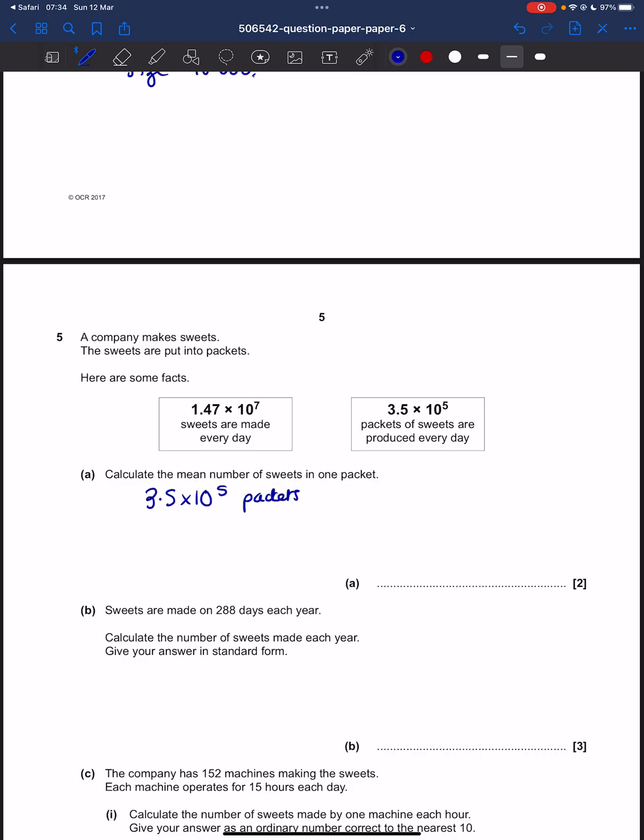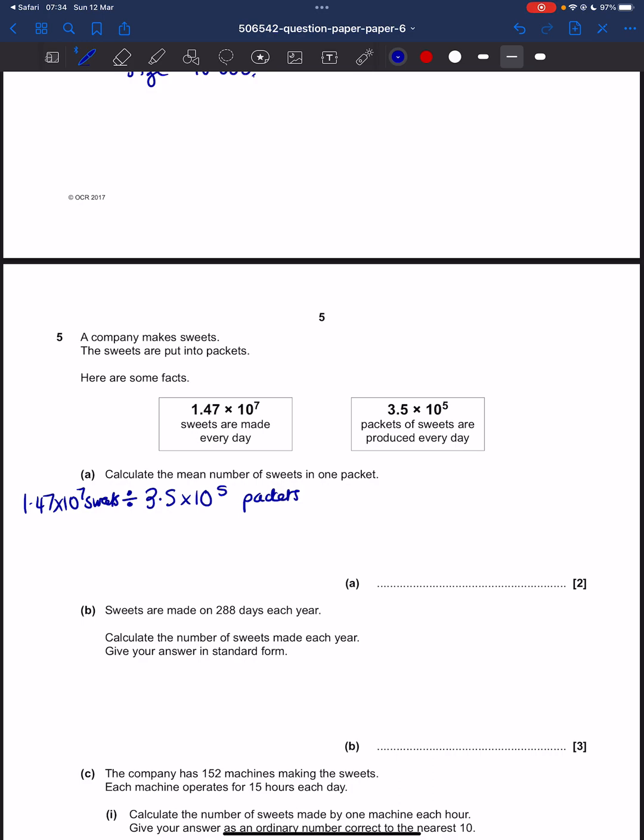And you want to see this way around. Well, do it this way around. So the 1.47 times 10 to the 7 sweets get shared out among 3.5 times 10 to the power 5 packets.